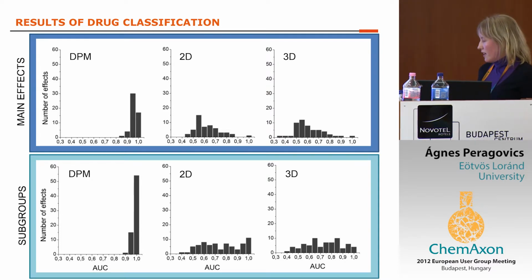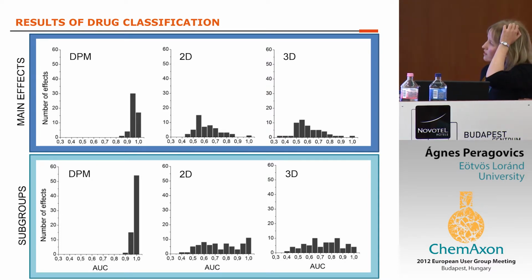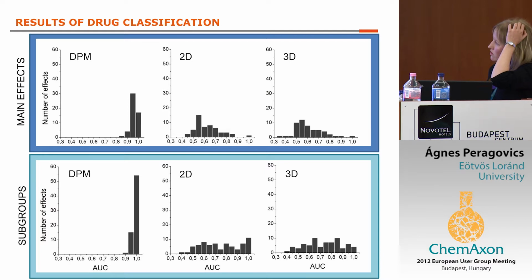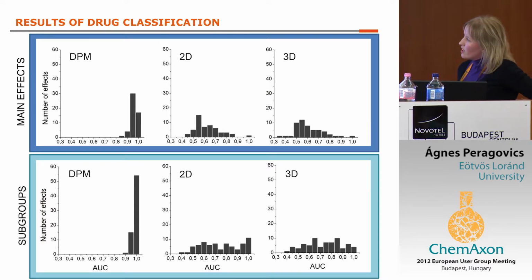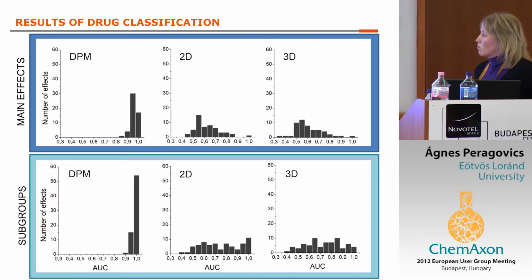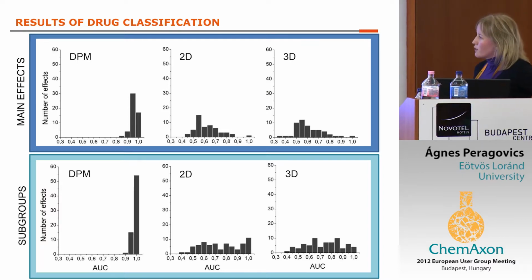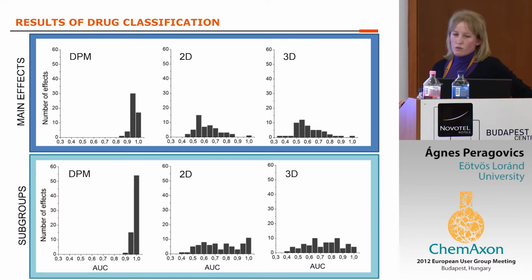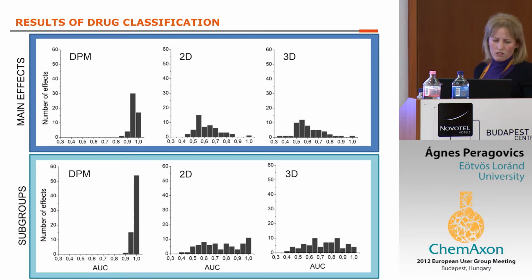And here are the results for drug classification. So as I told you, drug profile matching could excellently classify the molecules, while there was no significant difference between the performance of the two-dimensional and three-dimensional methods.